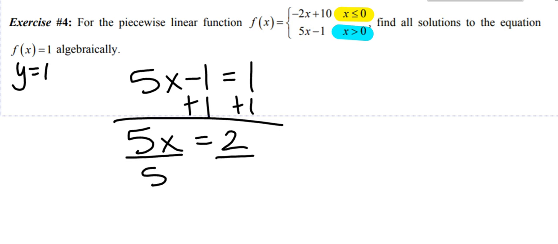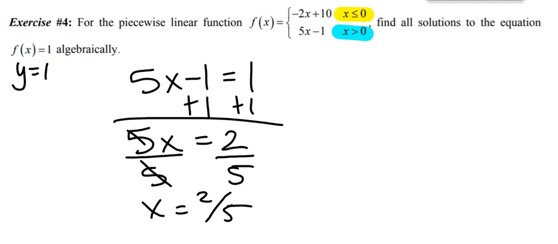Divide by 5 on both sides. That means x equals 2 over 5. And so because x equals 2 over 5 satisfies the second statement, that means that the information given is correct.